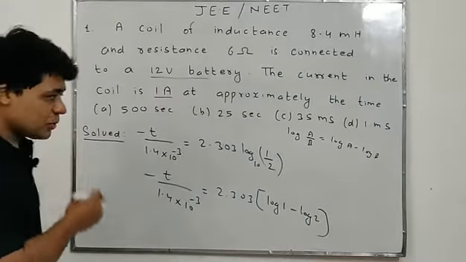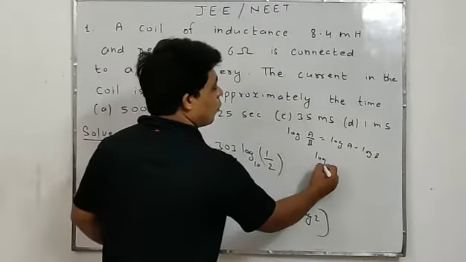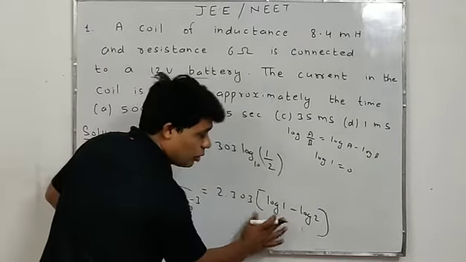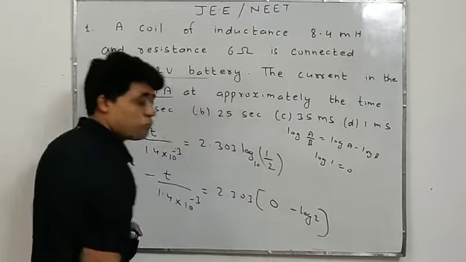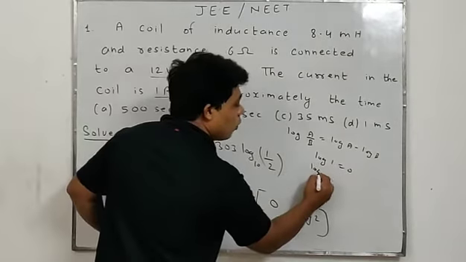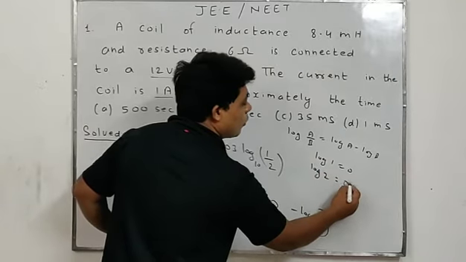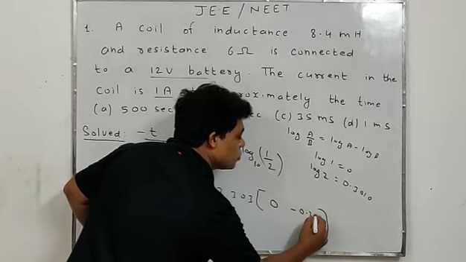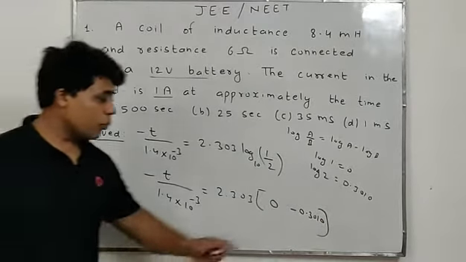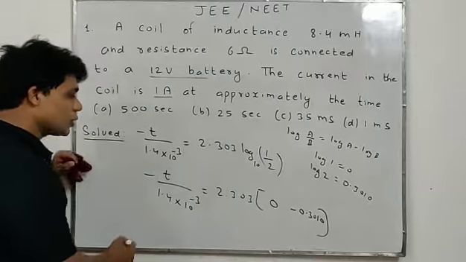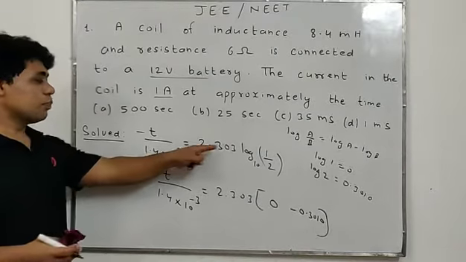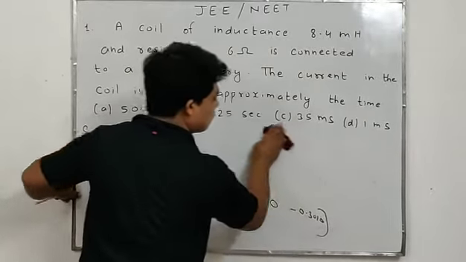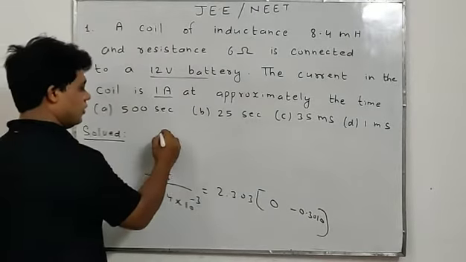Now, students, log 1 has the value 0, so instead of log 1 I'm going to write 0. And what is log 2? Log 2 has the value 0.3010. Finally, now I'm going to remove this portion. Now we find t.